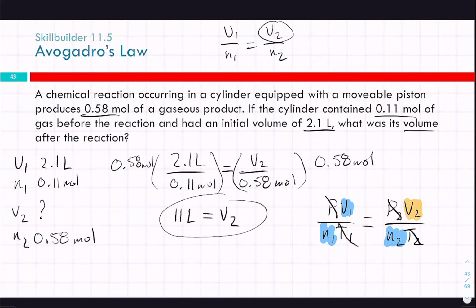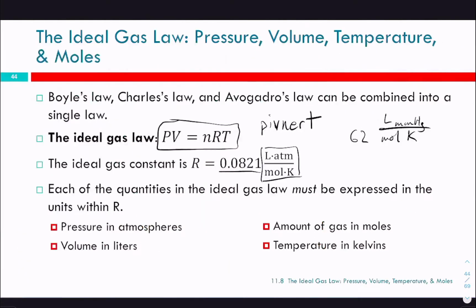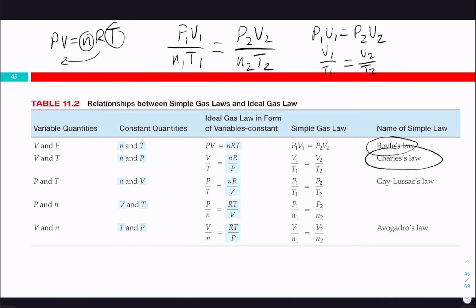Just by plugging in the variables you have, you can derive the simpler gas laws from the ideal gas law. All right. So you can go through that, or you can go back and redo those examples using the ideal gas law, seeing how these things cancel out and give you the simple gas laws.